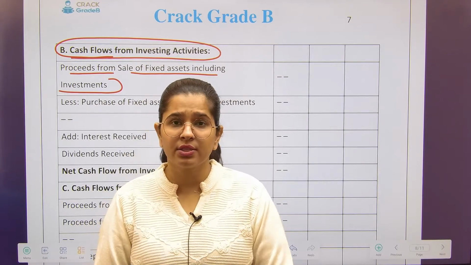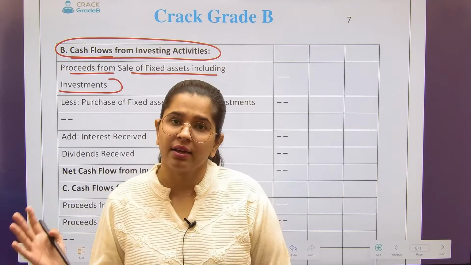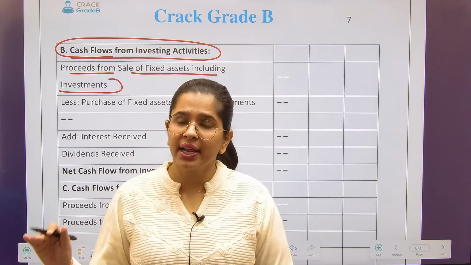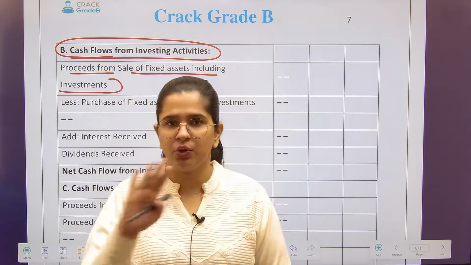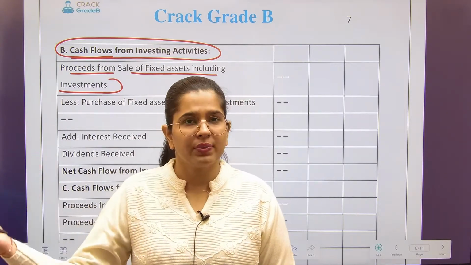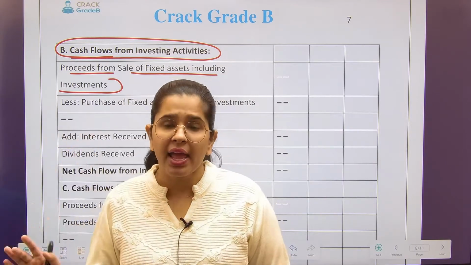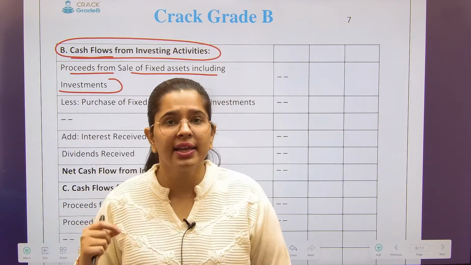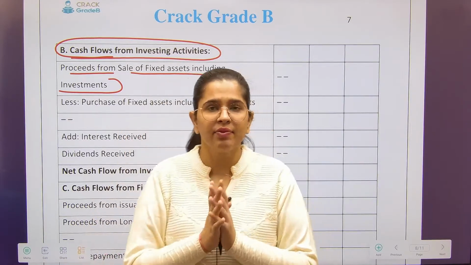Your business pertains to designer bags, but you are purchasing a building, correct? You have no intention of using that building for the purpose of your business. You have purchased that building and have now given it on rent, and you are receiving rental income from that building.